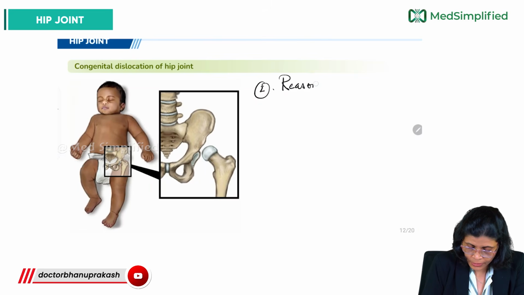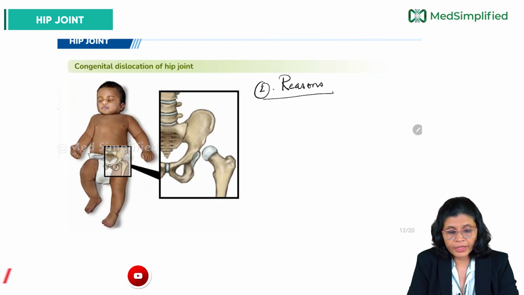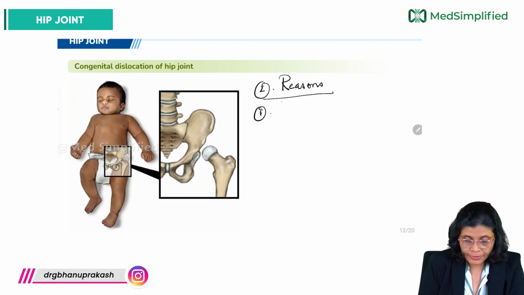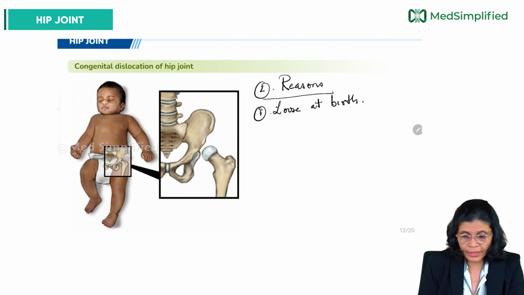One is that the joint capsule is very loose at the time of birth because the bones are not yet ossified there.